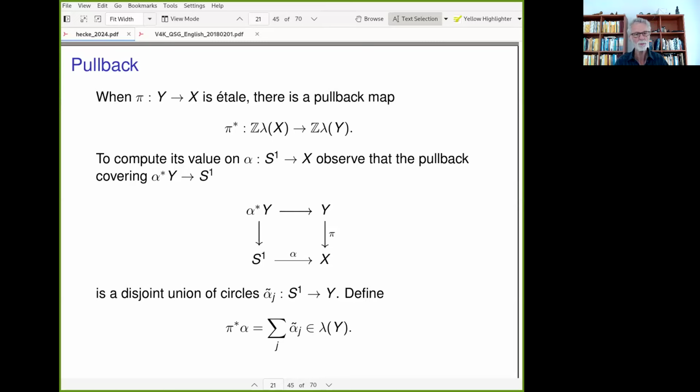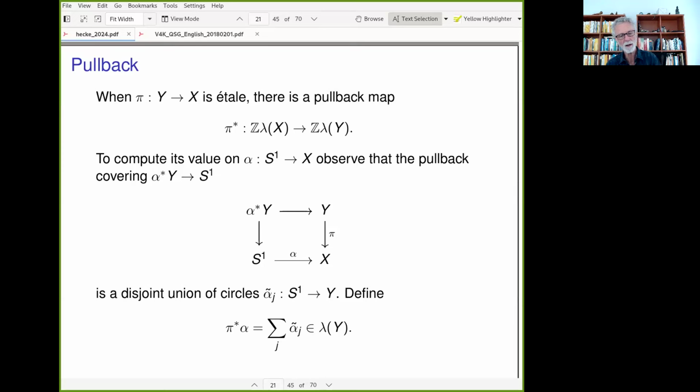So pullback was a problem with elements of pi1. What about with just loops? It turns out everything works well here, because if you want to pull back, we've got an étale covering Y to X. And how do we pull back a loop? We restrict the covering Y over X to alpha.